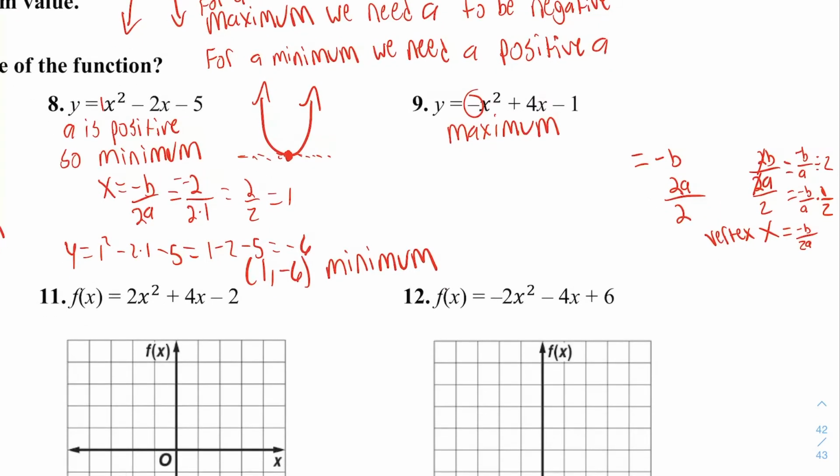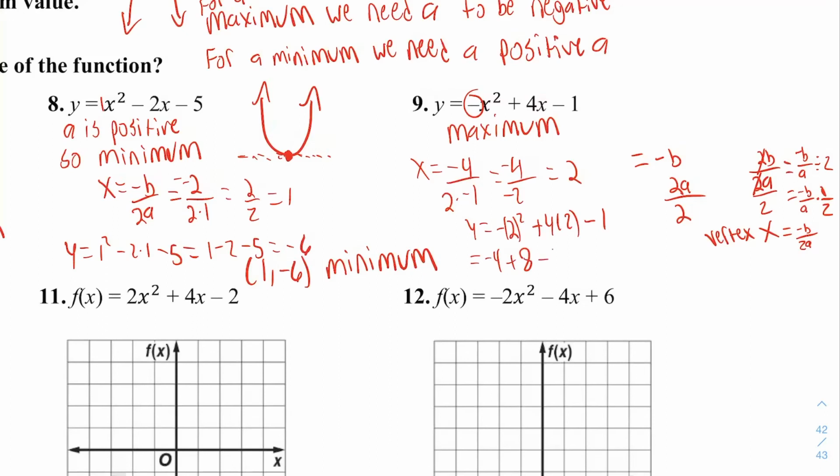And for the last question, the vertex is negative b divided by 2a. Negative 4 divided by 2 times negative 1. Negative 4 over negative 2. X is 2, so y is equal to negative 2 squared plus 4 times 2 minus 1.